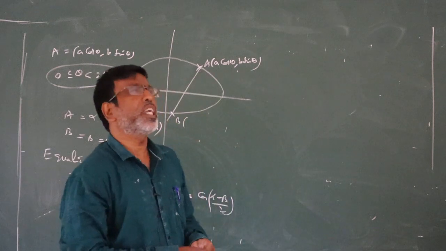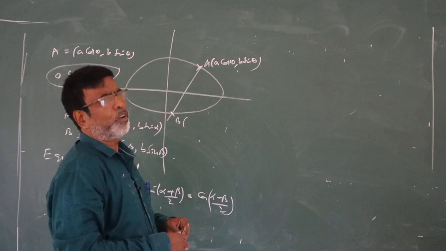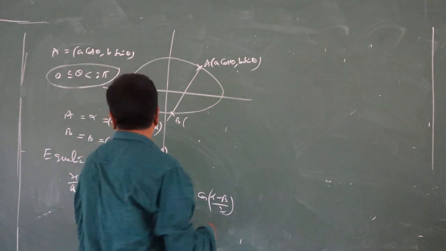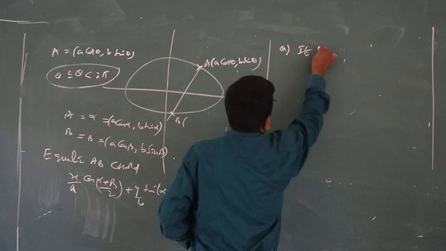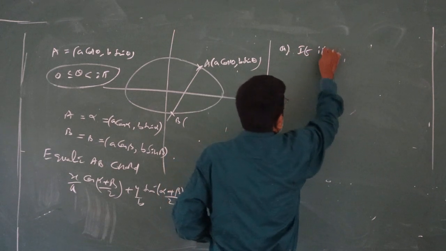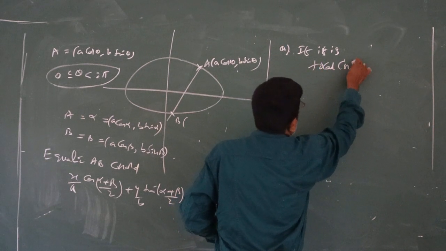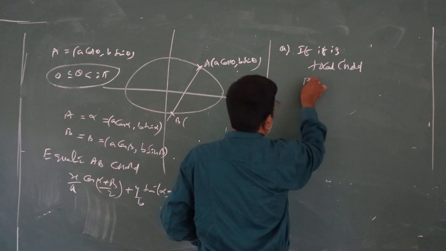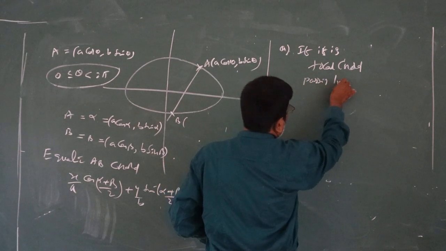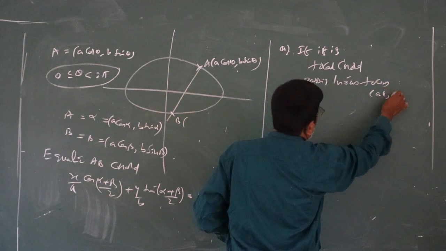One more shortcut: if it is a focal chord, meaning passing through the focus, the focus is (ae, 0).